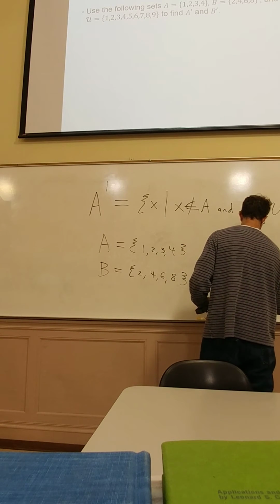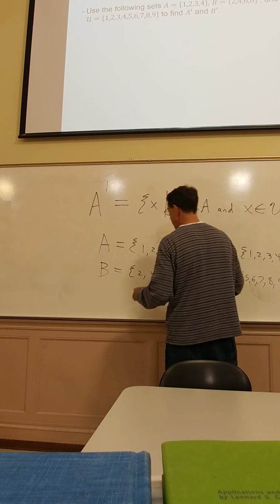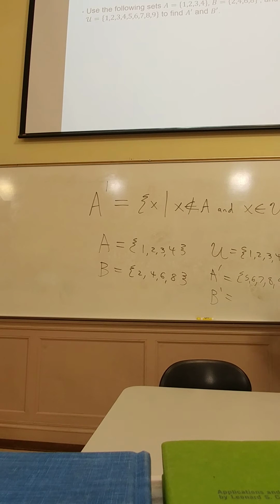So you can see that's why we have the universal set. It provides kind of an index to draw from, or an index set, so to speak. It basically tells you everything you have to work with. So in this problem, we have the numbers 1 through 9 to work with. And it will change in every problem, by the way.